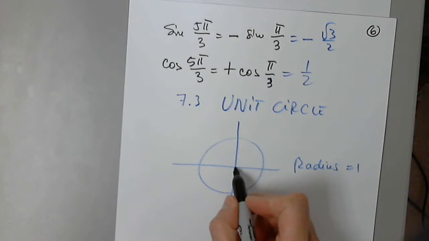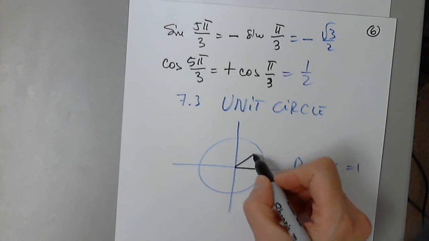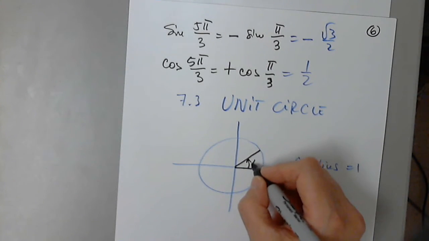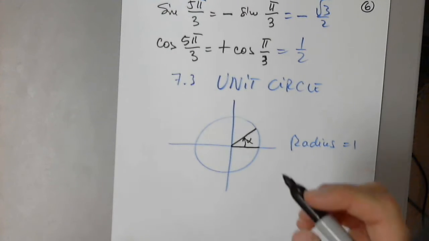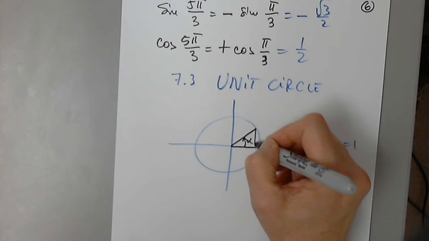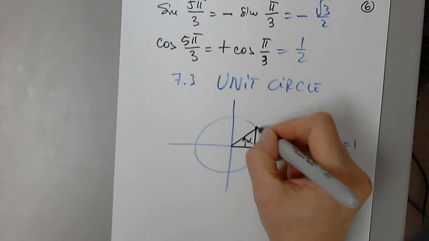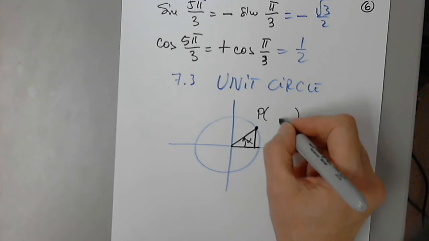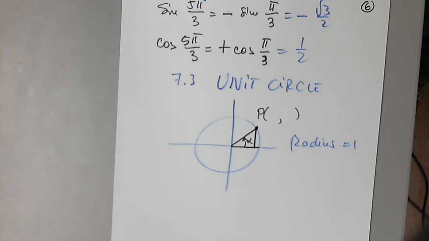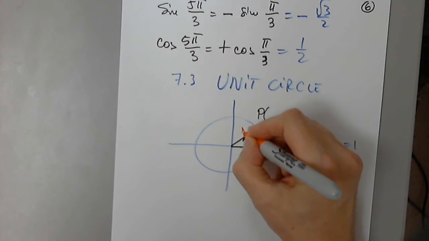Okay, let's suppose we have an angle, and that angle is alpha. We will form a right triangle. I'm going to call this point P. We've done this before, but I want us to do it again for what follows next. This measure is 1.